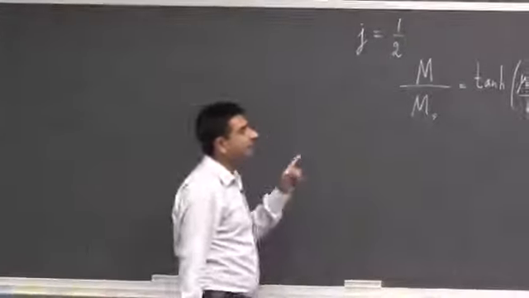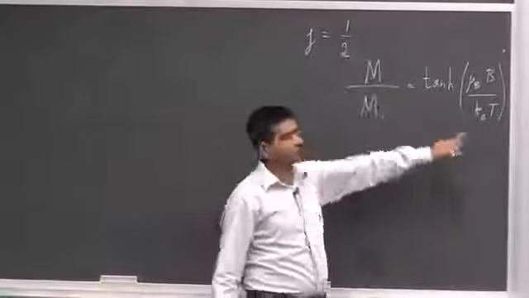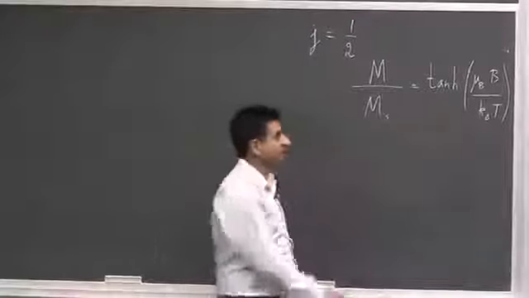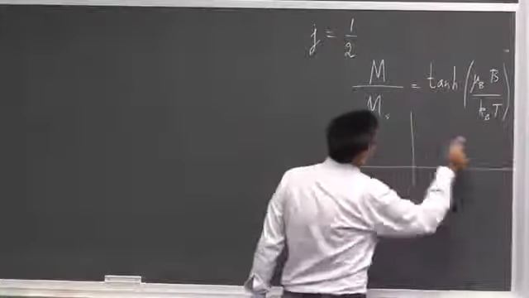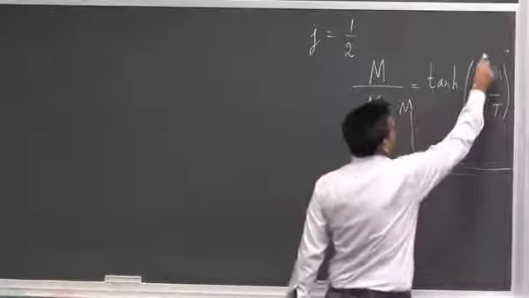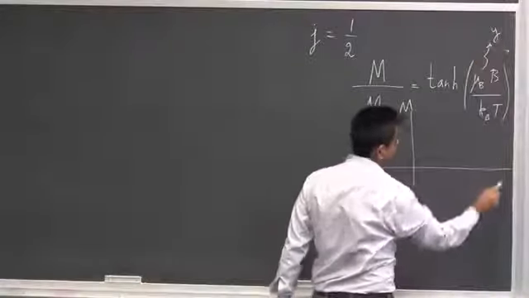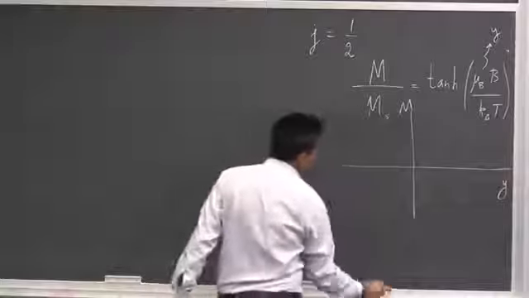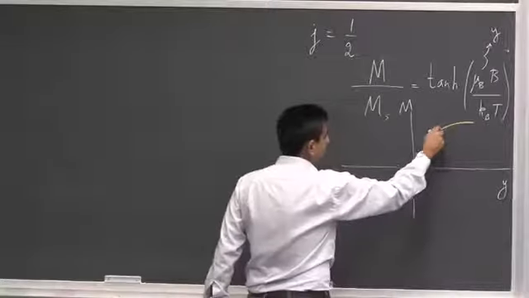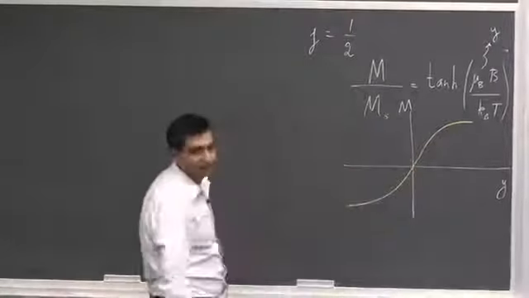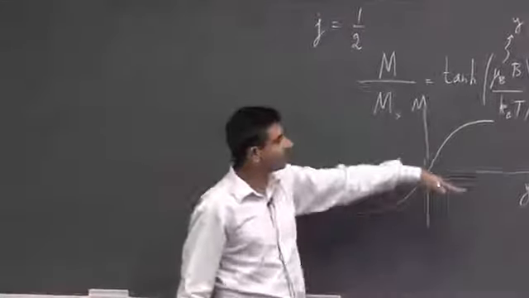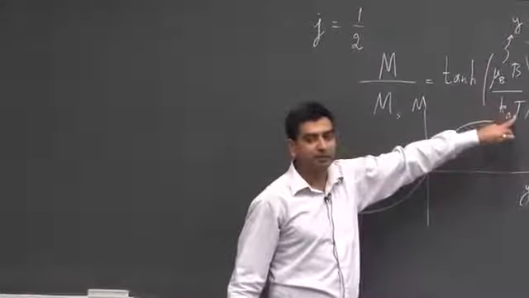We found out that in the high temperature approximation, the magnetization is inversely proportional to the temperature, and if we plot this magnetization as a function of this object, let's call this object y, the shape is like this. It's a tanh function. It saturates at a certain value of magnetic field or temperature.